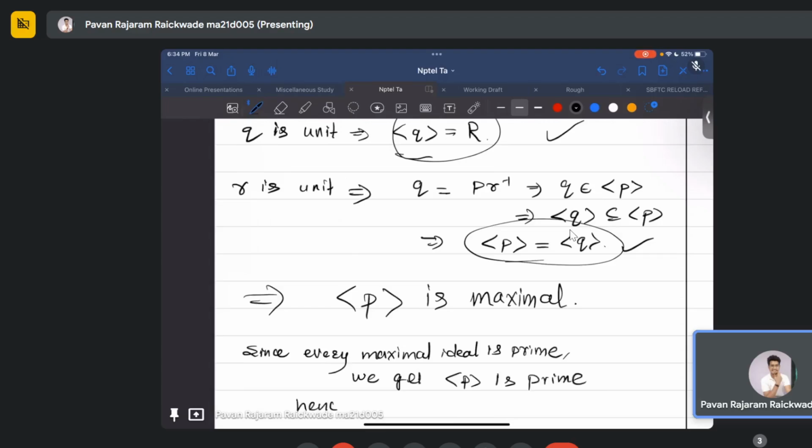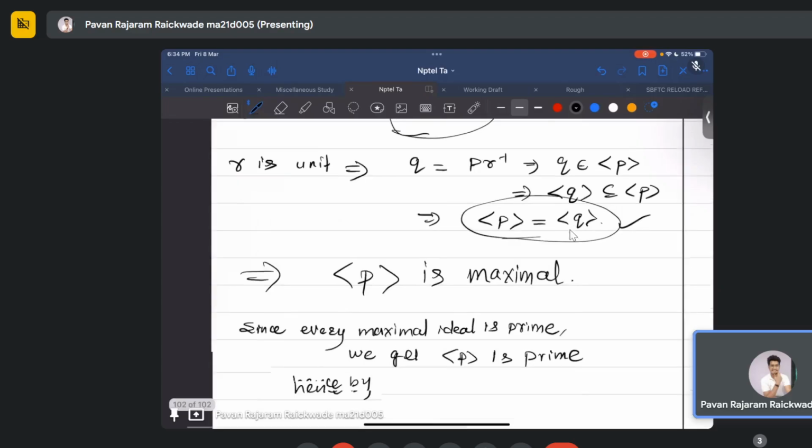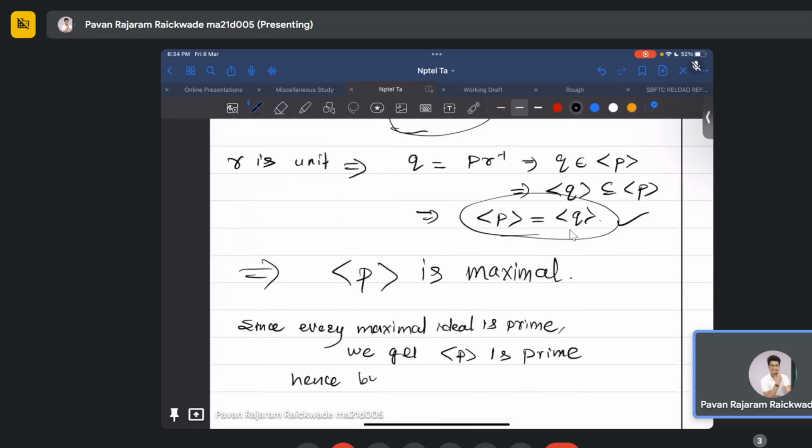Hence by the above theorem, the theorem we just discussed, P is prime.